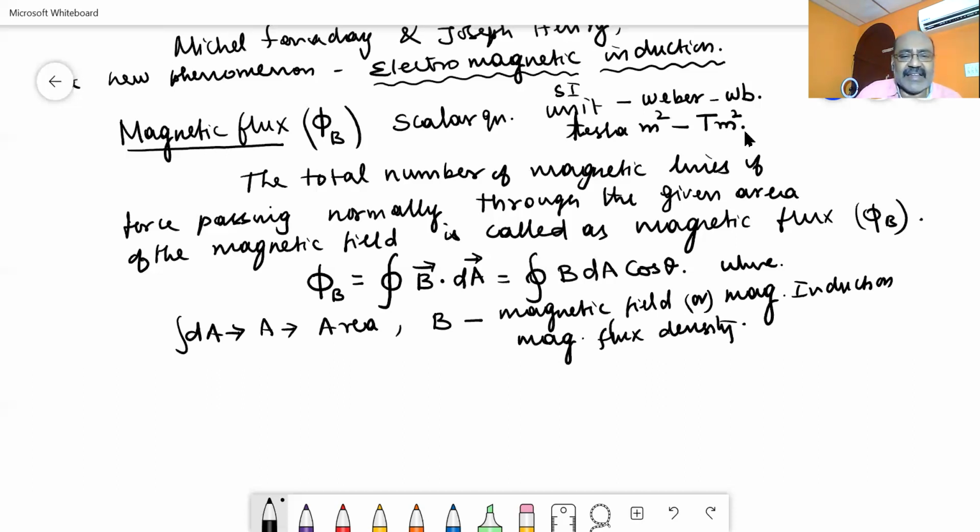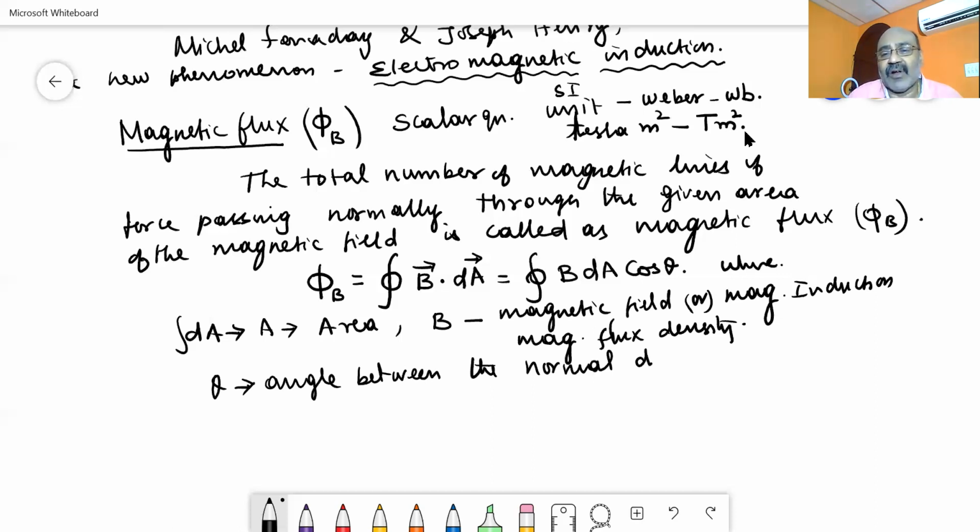Then what is this theta? This theta is nothing but the angle between the normal drawn, as you have studied in electrical flux, the perpendicular or normal drawn to the area, and the magnetic field lines.